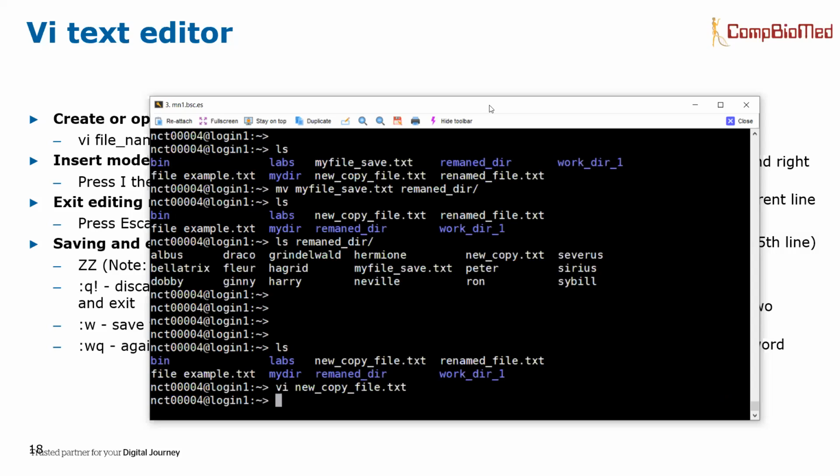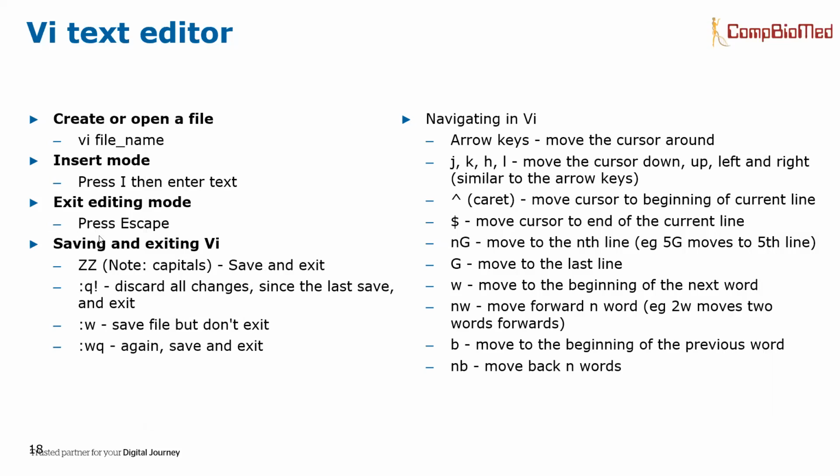There are some options that you need to know. For example, we said that you need to type in colon W to save. You can combine these two options. For example, if you type colon W and Q, you will do simultaneously save and exit.